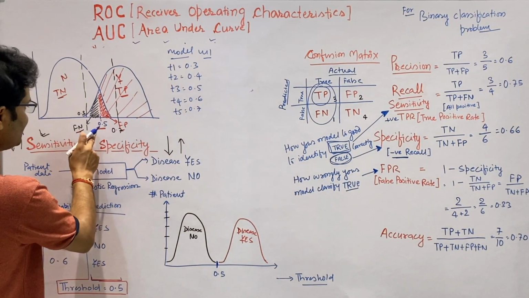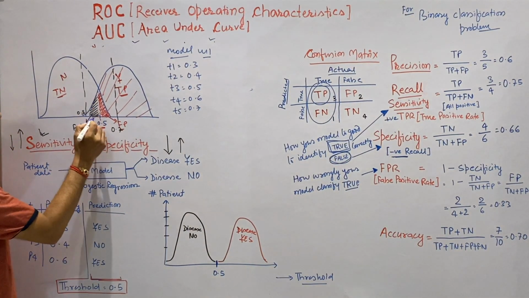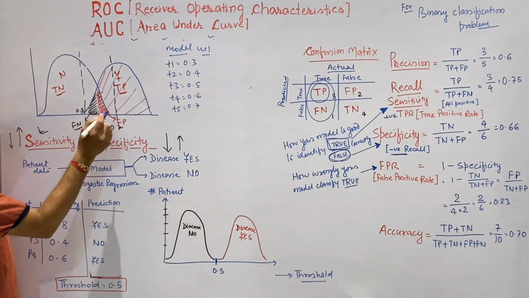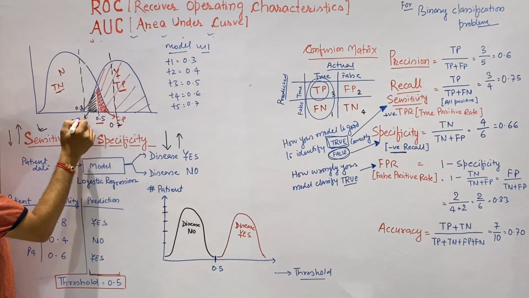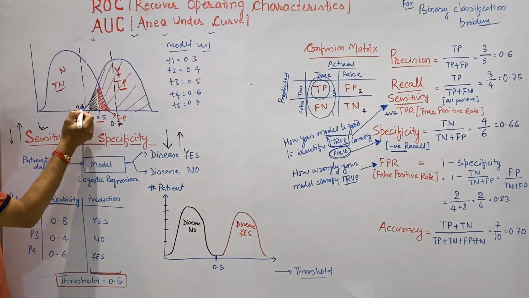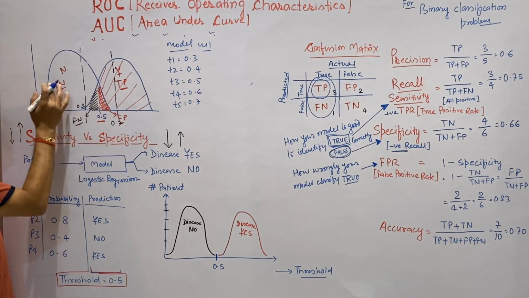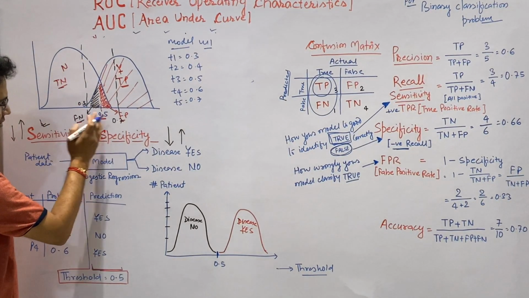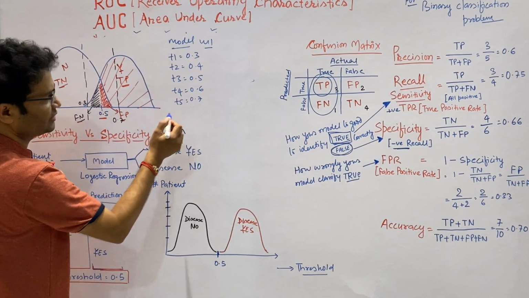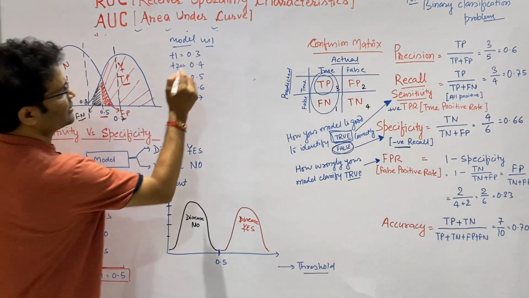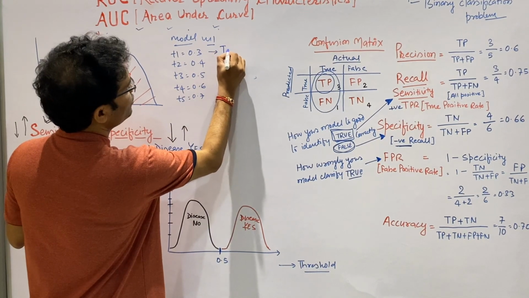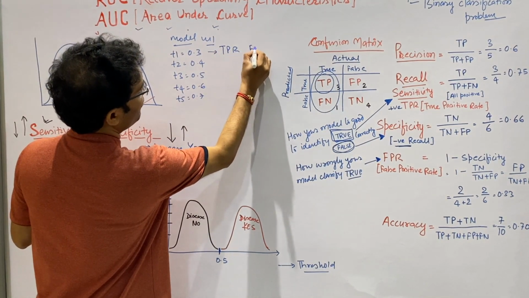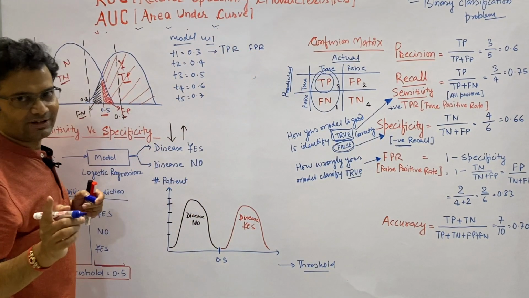In this diagram you have seen that when the threshold is 0.5, our true positive and false positive values were different. When you change the threshold to 0.3, all four values would change. So for each threshold, your true positive rate and false positive rate would be different.